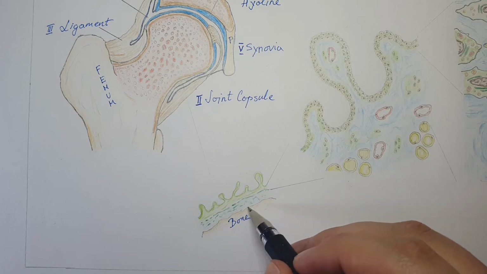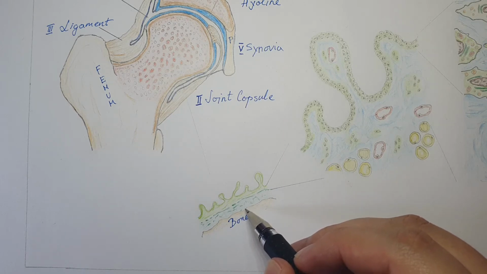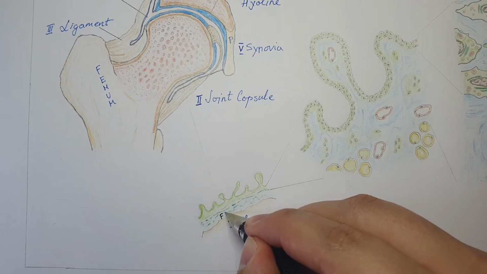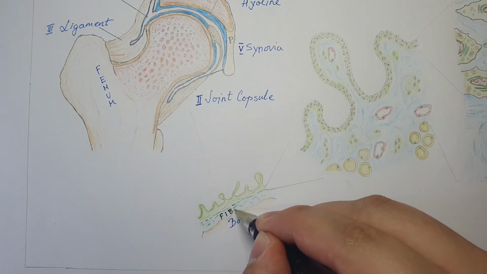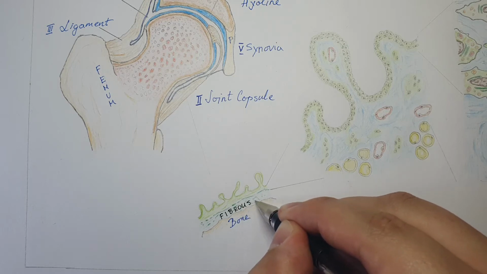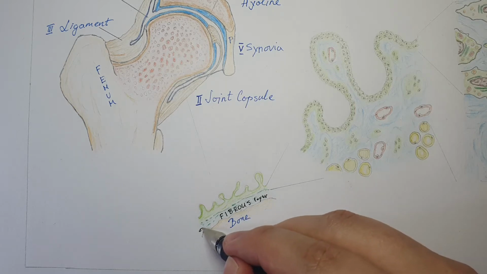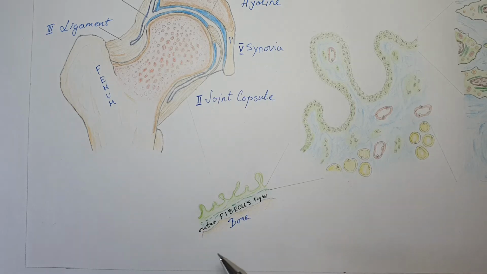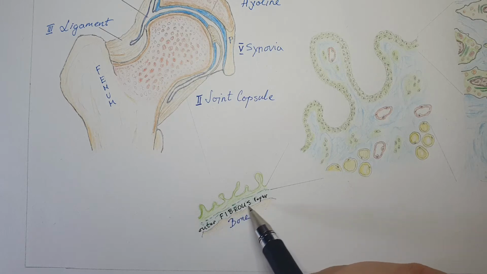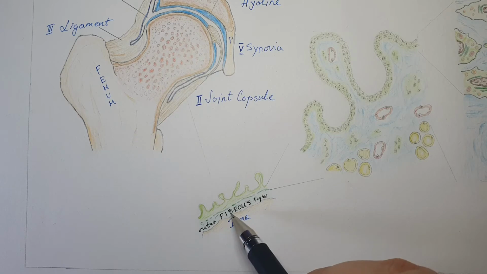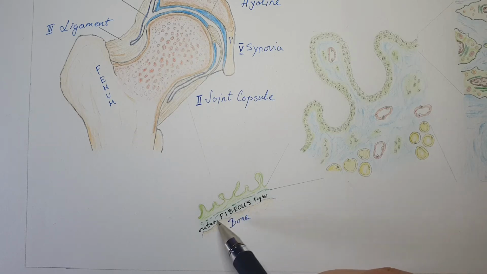This outer part is called the outer or the fibrous layer, or membrana fibrosa in Latin. This outer layer is simple connective tissue with a few blood vessels, fibrocytes, and so on.